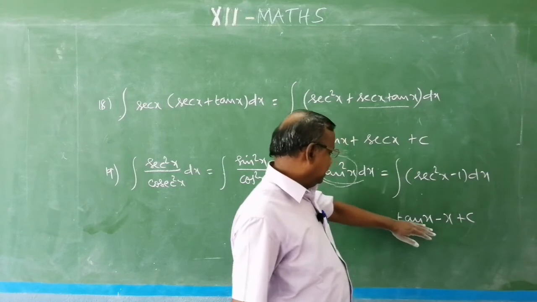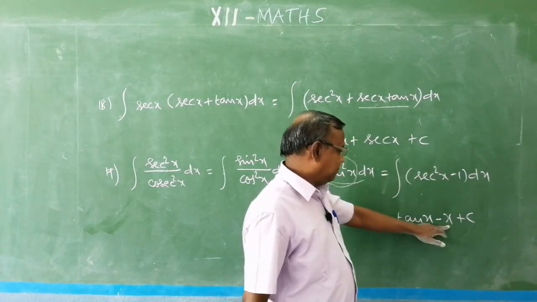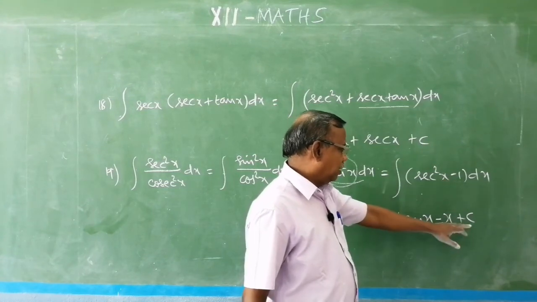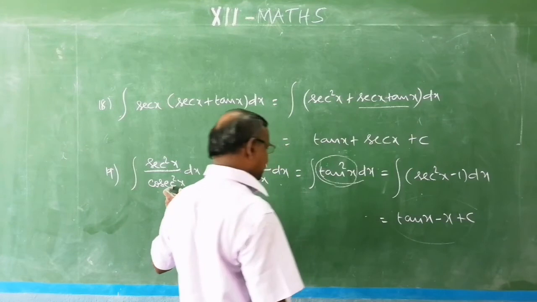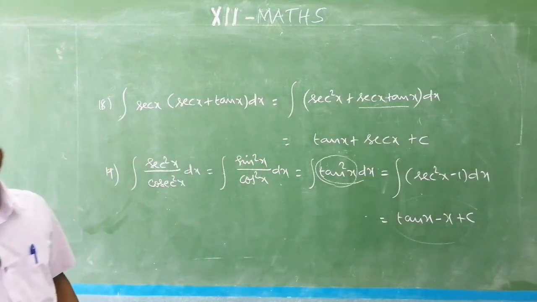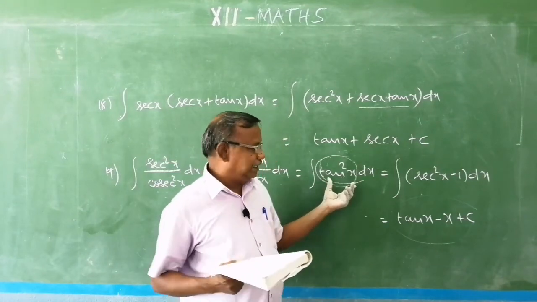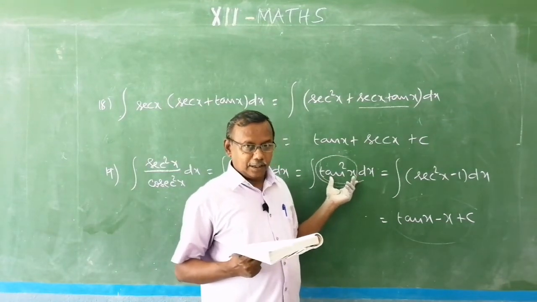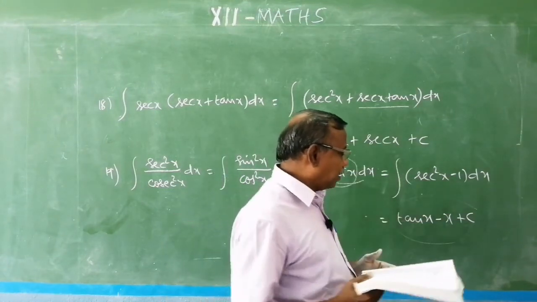Now differentiate: differentiating tan x gives secant square x, differentiating minus x gives minus 1, and the arbitrary constant gives 0. So this is the integral of the given function. Likewise, you have to check whether the function has an antiderivative, or otherwise simplify it to get the formula.